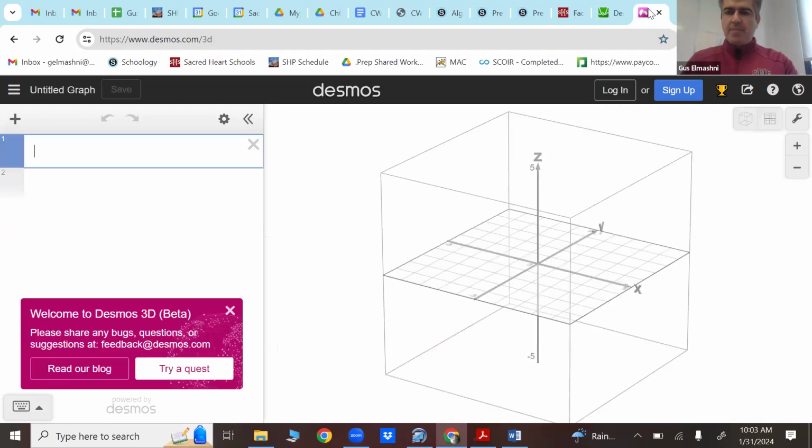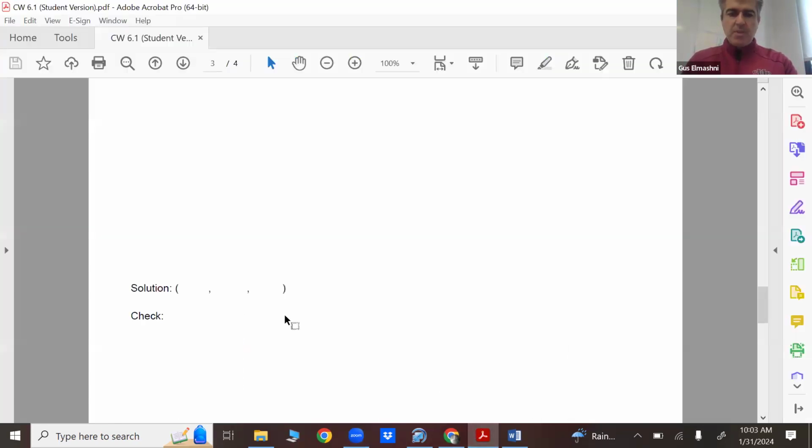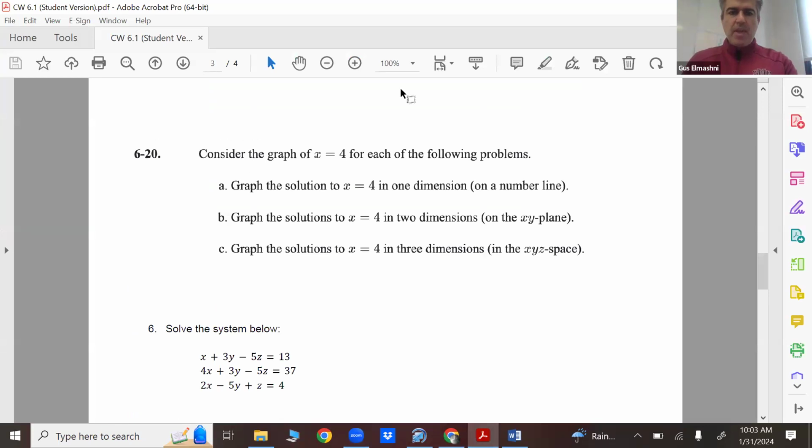Well, first off, let's answer this question here. X equals 4. If you graph on a number line, it's one dimension, right? That's easy. You guys can do that. That's not hard. Here's a number line. Here's 0, 1, 2, 3, 4, and you just do a big dot there.